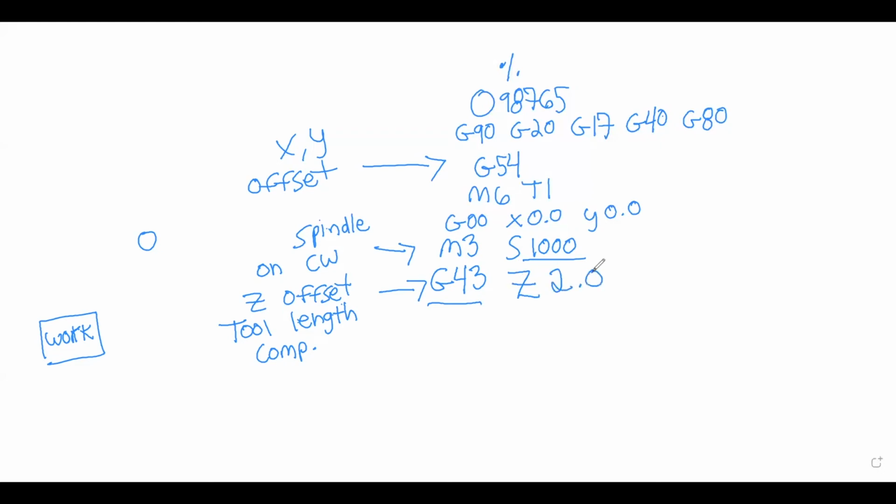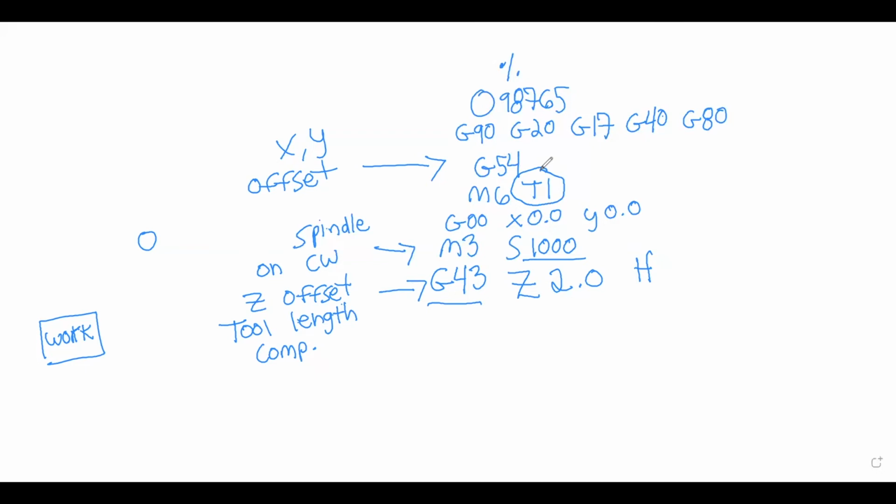2.0, and we have to give the machine an H value, and we're going to go over this in lab. But when we set up our tools in the tool offset page, there are height values for each tool. So our program is communicating what tool we're using, say tool 1, and what Z offset it needs to recognize to compensate that height.